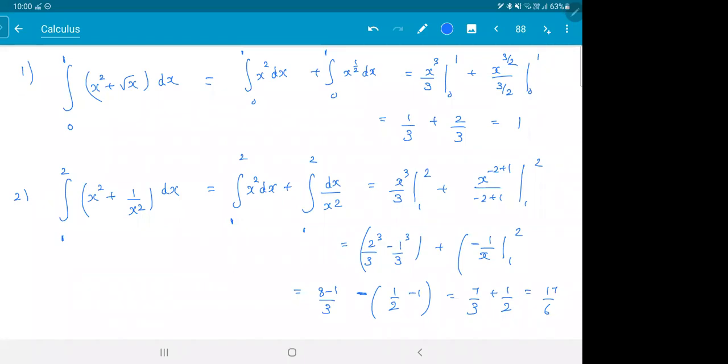Check it out. Anyone who didn't get this, please ask me. Any step you didn't get or not convinced? You just have to separate them, integrate them and add them. There is nothing much more there.